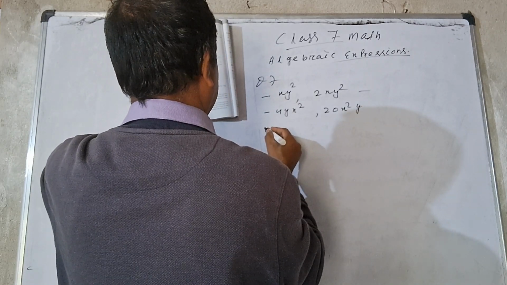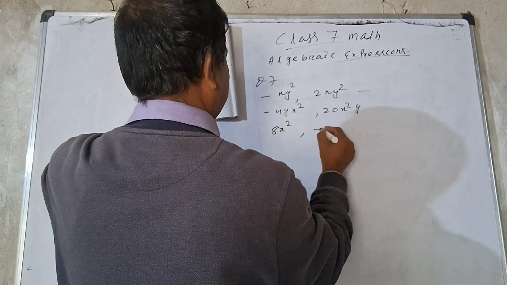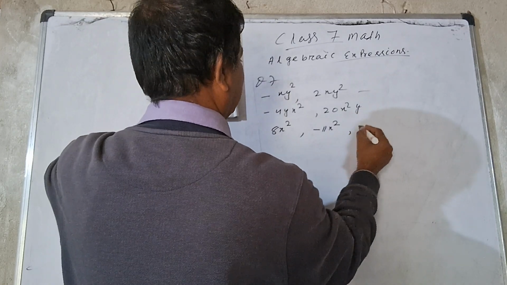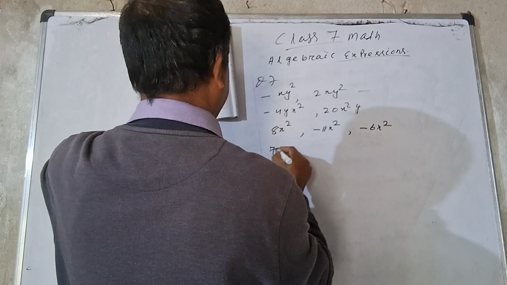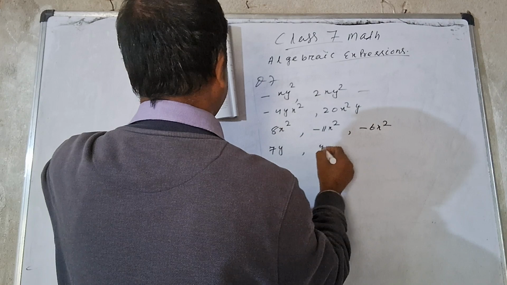Next, 8x square, the like terms are minus 11x square and minus 6x square. Similarly, 7y, the like term is y given here.